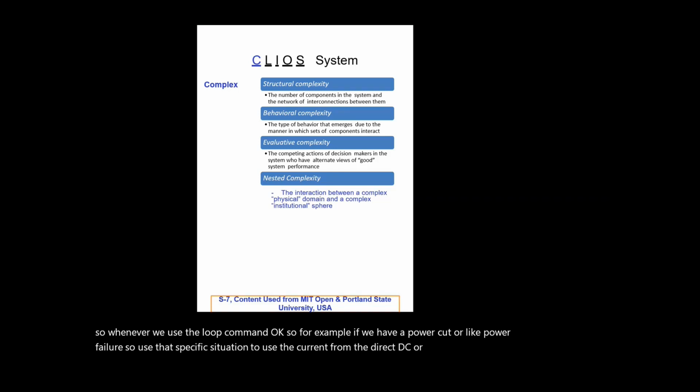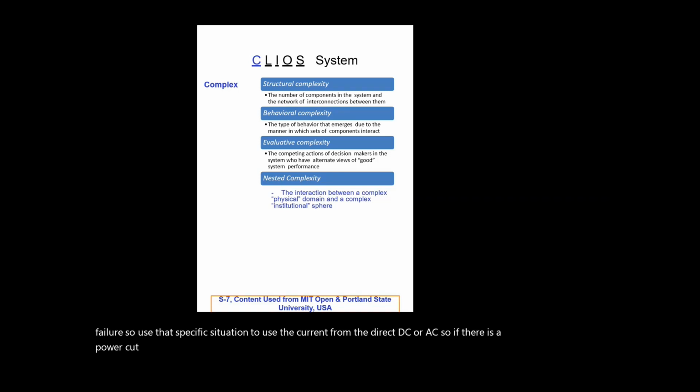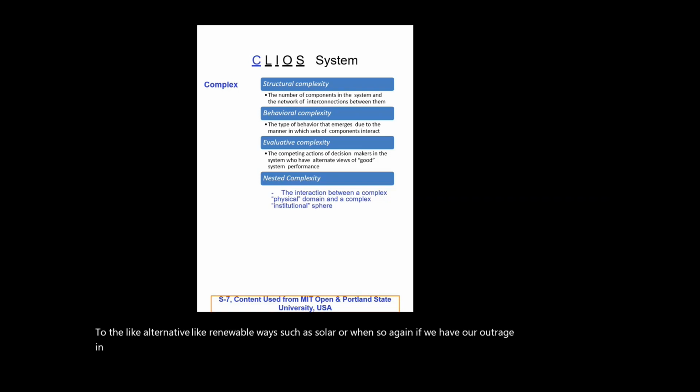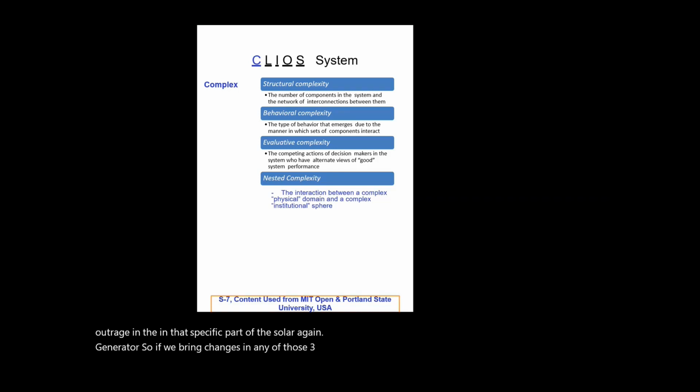So if there is a power cut, directly switch to the alternative or renewable ways such as solar or wind. So again, if we have an outage in that specific part of the solar, again directly switch to the generator. So if we bring changes in any of those three stages, it will be quite hard for the system to function as one unit. This is the meaning of the structural complexity in the CLIOS system.